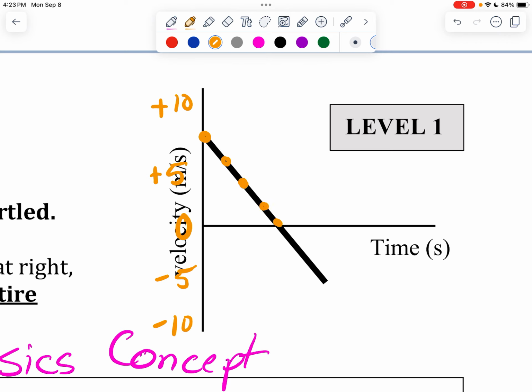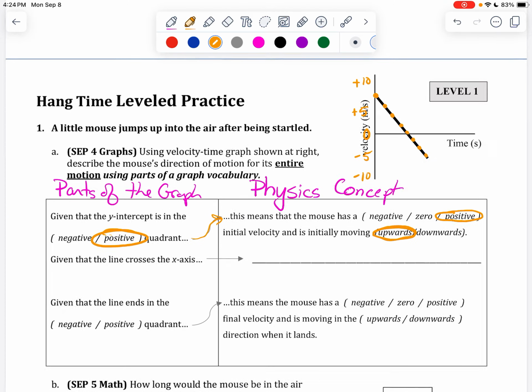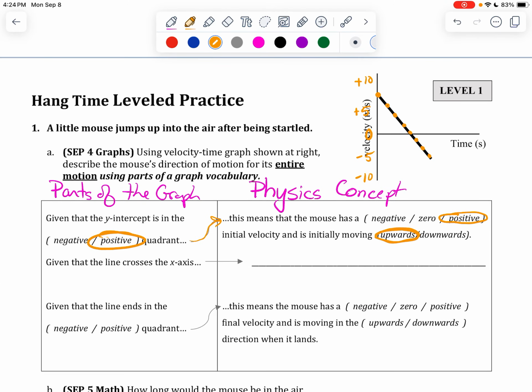Oh, those numbers are getting smaller and they're all positive. Now over here we have minus 2, minus 4, minus 6. Those numbers are getting bigger and they're negative. So the fact that it crossed the time axis means it went from positives to negatives. So what does that mean in terms of velocity? That's the direction. So that means it changed direction.